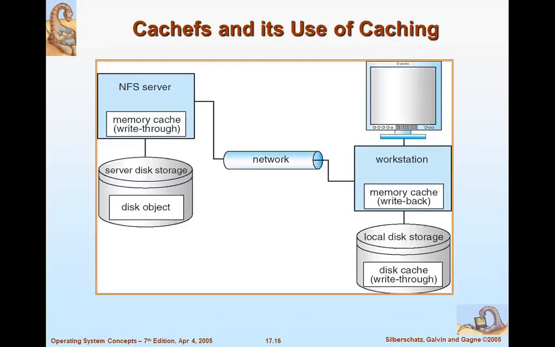And here it is also shown: caches and use of caching. There is a network file server and you have a memory cache write through over here. Look at this. It means whenever you change something on the client side, you have to update it at the same time. And over here on the workstation, we have a write back mechanism.